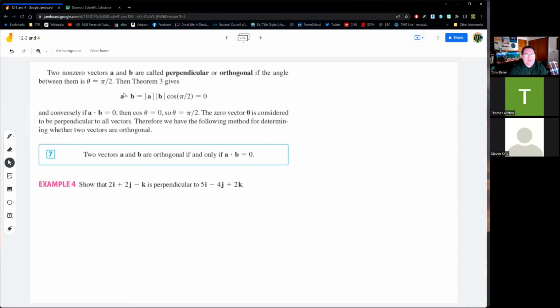So that means that my dot product, it doesn't matter what the length of A and the length of B is. If this part's 0, then the whole thing is 0. So now, based on these two rules, if I just look at the dot product and find that it comes out to be 0, I know these two vectors are perpendicular, so they meet at 90 degrees. So it's not very hard to find the dot product of these, so we can easily, quickly find out if two vectors are perpendicular.